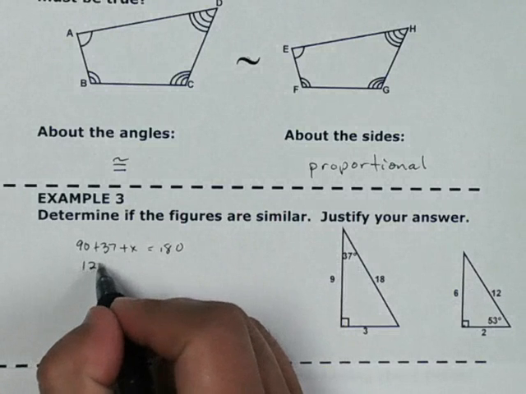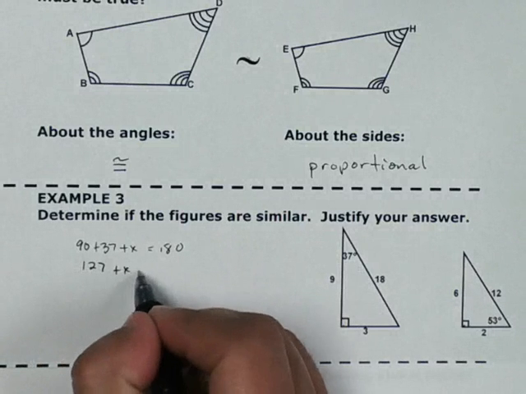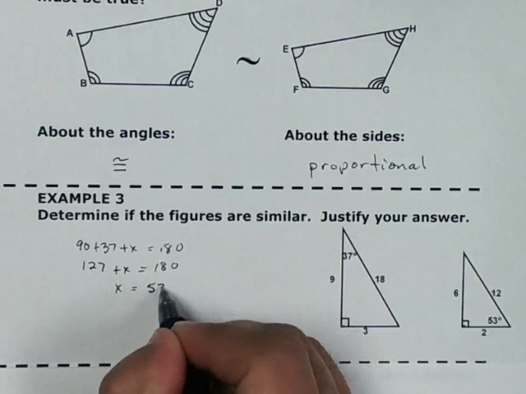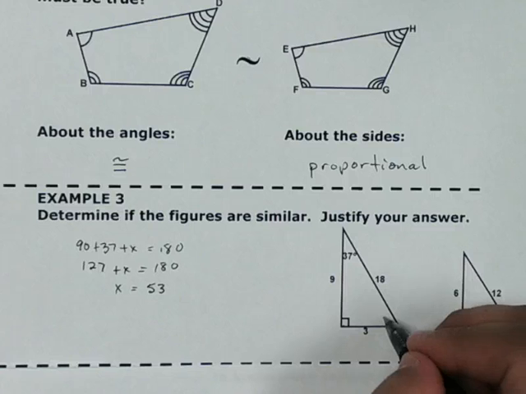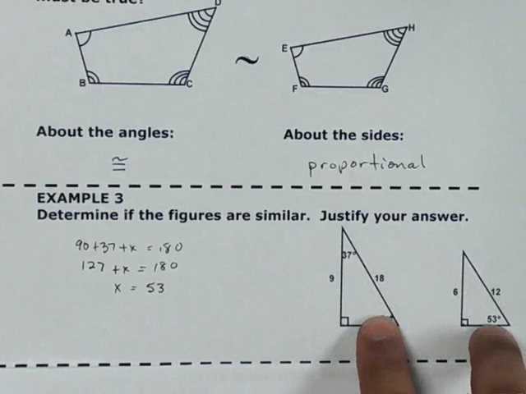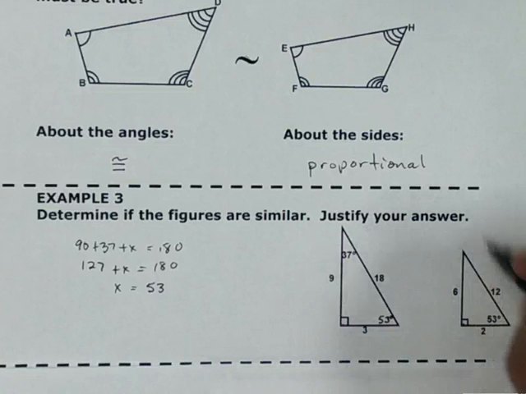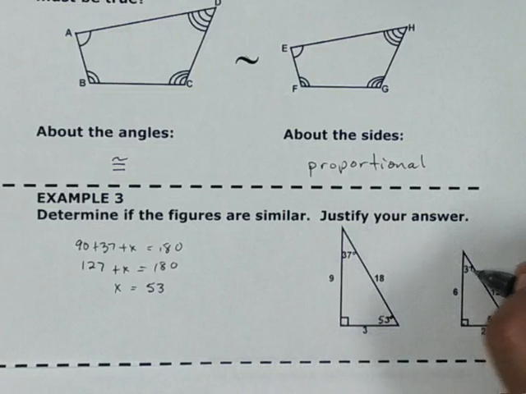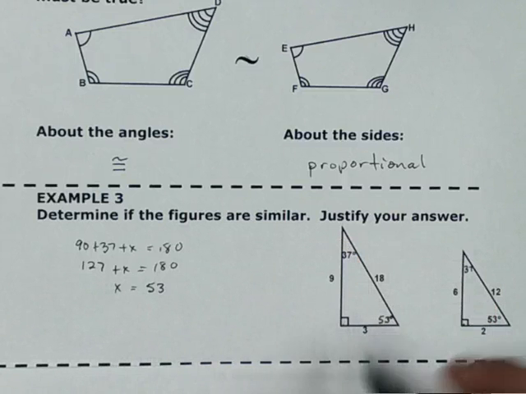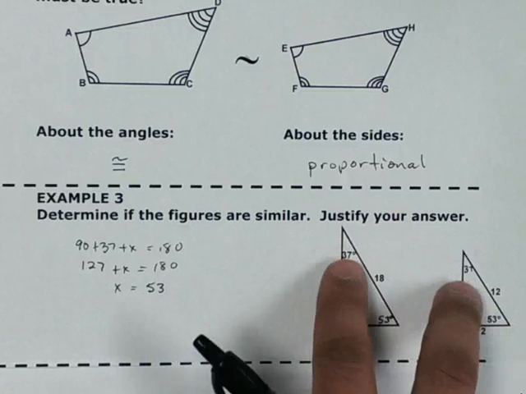That gives me 127 plus x, so x would have to be 53. So this angle is 53 degrees, and these two would match. If this is 53, this has to be 37. So those angle pairs match. I have my 3 pairs of congruent angles.